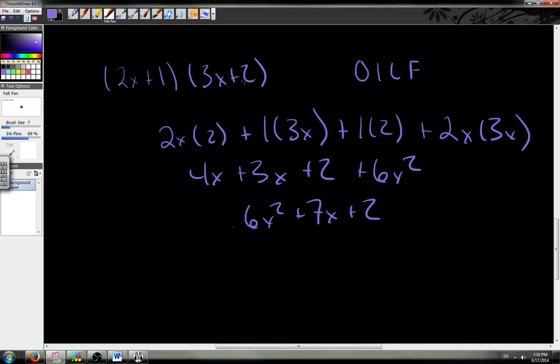No matter what order we do it in, we're always going to have a 2x times 2, a 1 times 3x, a 1 times 2, and a 2x times 3x. We're always going to get these terms, and we're always going to add them together. And since addition is commutative, it doesn't matter. 7x plus 6x squared plus 2, these two expressions are equivalent. It doesn't matter what order we add in. It's a property of addition.